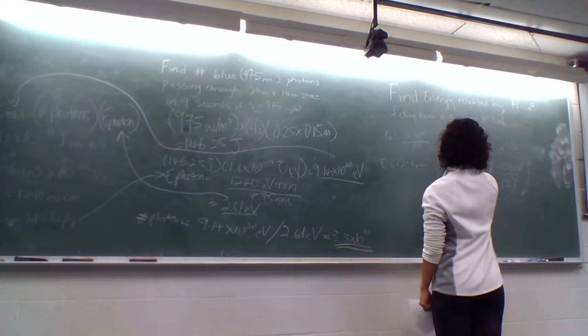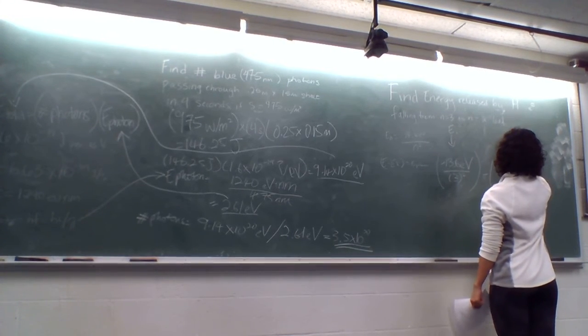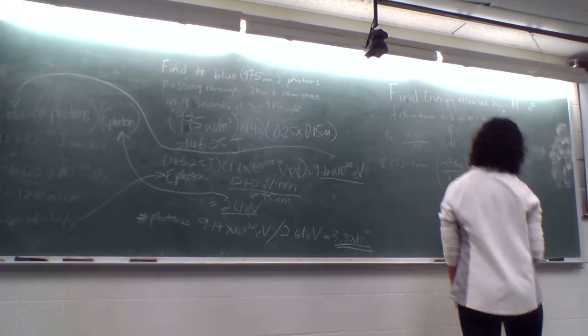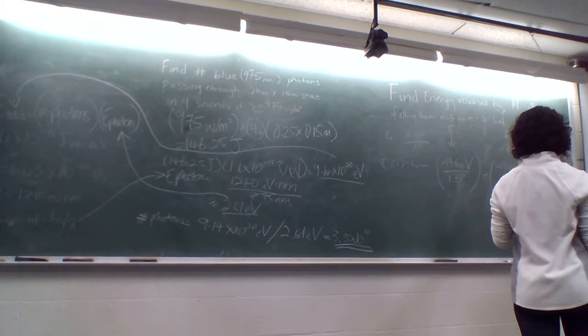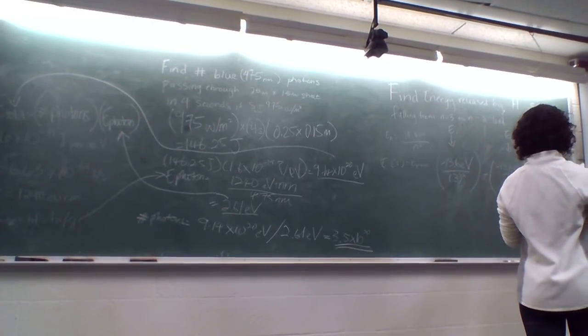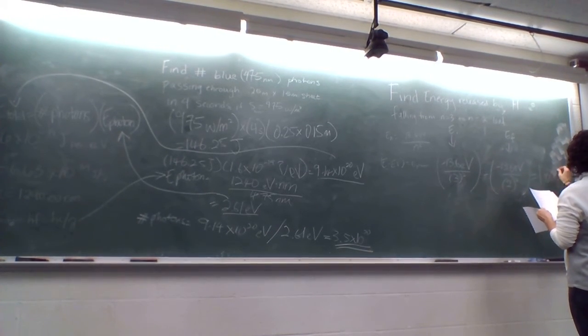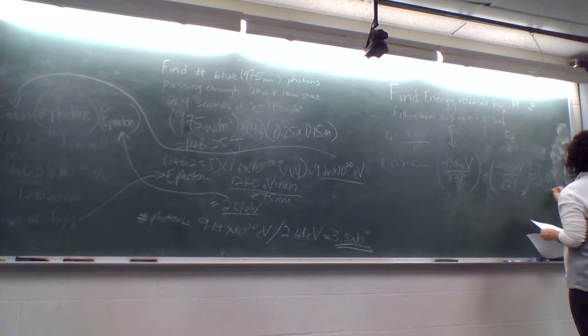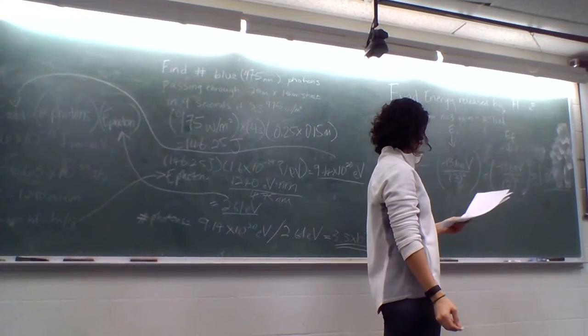So that's basically initial and then final. And you get the energy of the photon, which is 1.889 electron volts. Does that make sense to everyone? Mm-hmm. Okay.